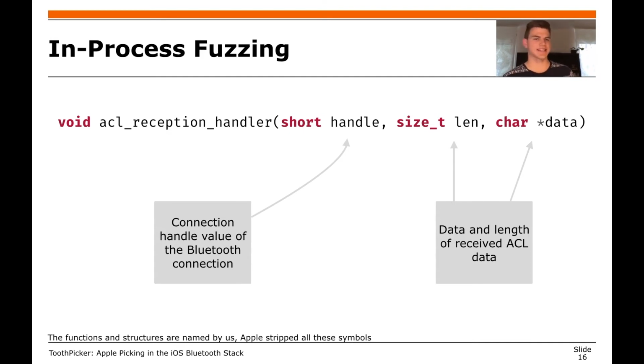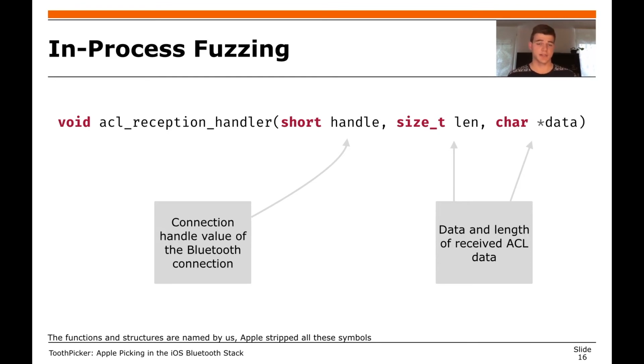So this is the ACL reception handler. ACL is pretty much the lowest layer of Bluetooth protocols that can be received by a Bluetooth host. So this is basically the lowest protocol layer Bluetooth D will receive, and this is an interesting insertion point for us.